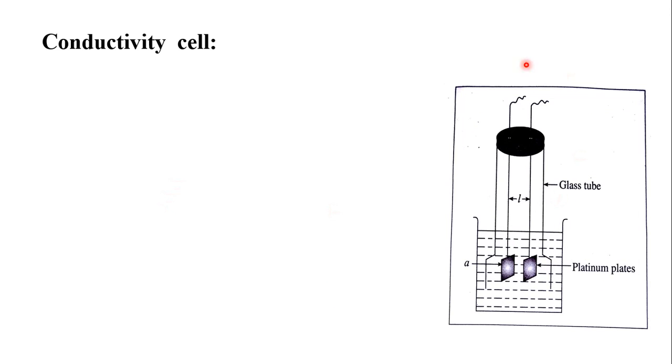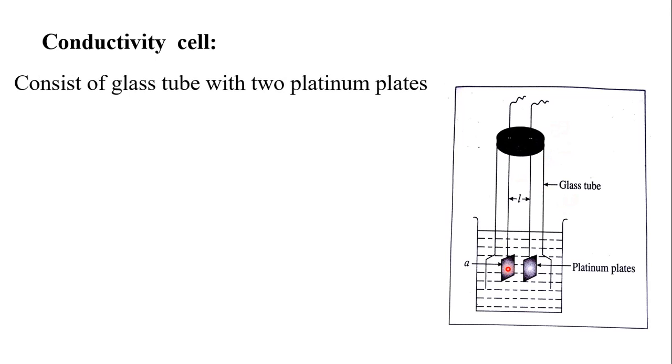A conductivity cell is like this. It consists of a glass tube, like this. And this glass tube is fitted with two platinum plates.